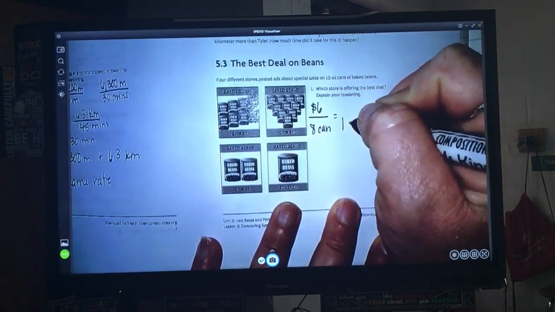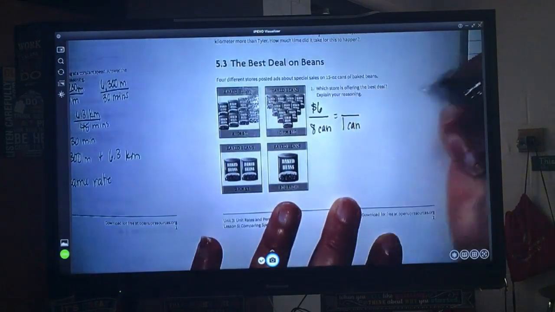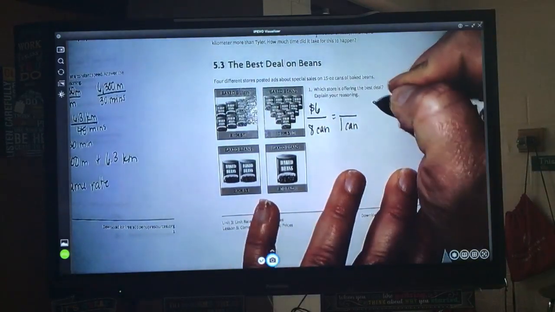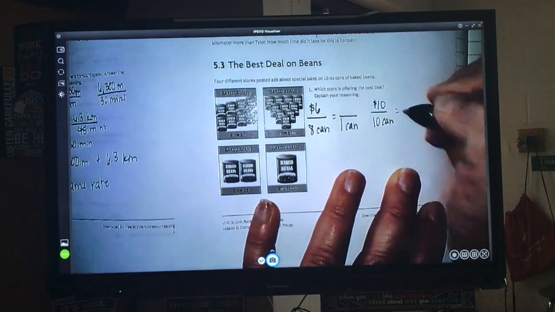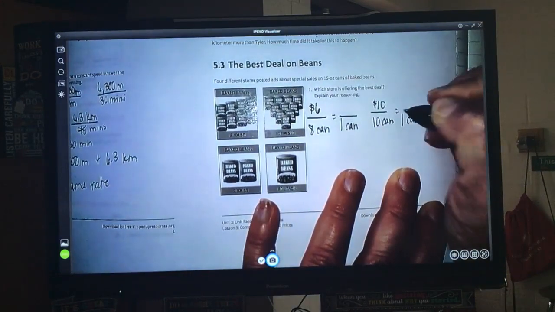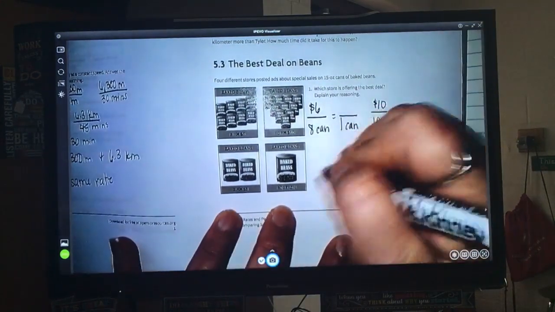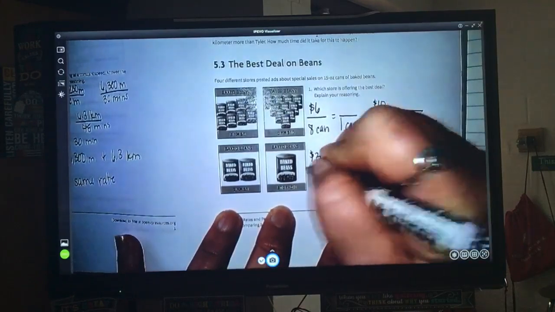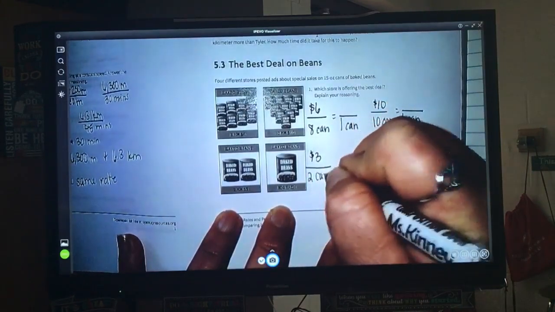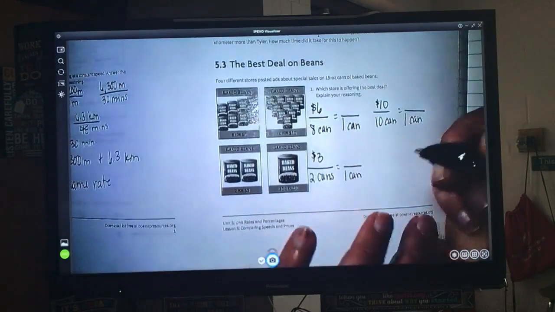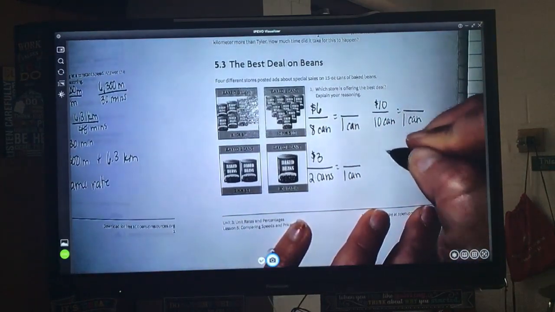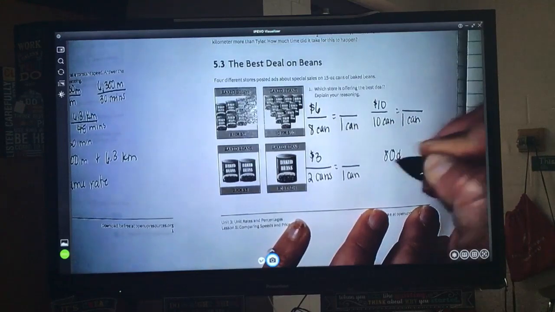Are you even showing your work? Okay, so it's 75 cents.